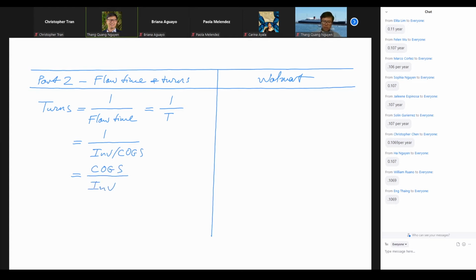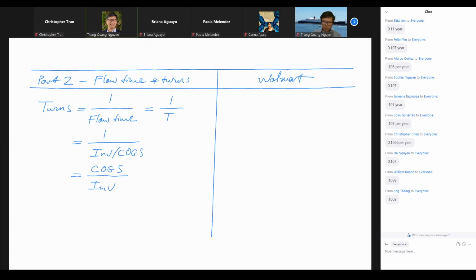So actually there are two equivalent ways to calculate the turns. Either you flip the flow time or you calculate the turns directly based on the cost of goods sold and the inventory. Either way, it's going to be exactly the same answer.